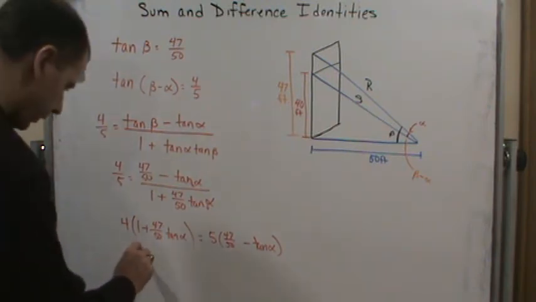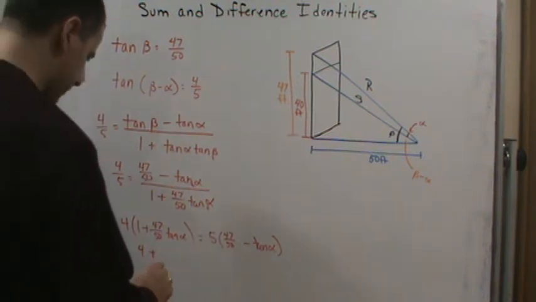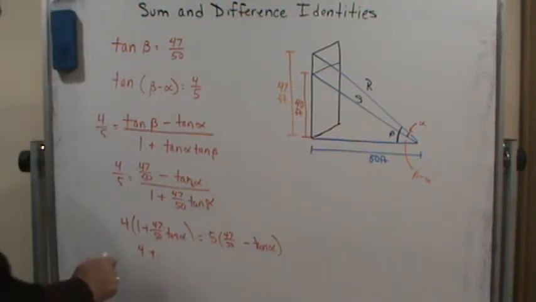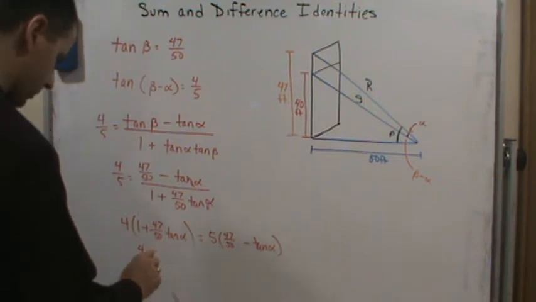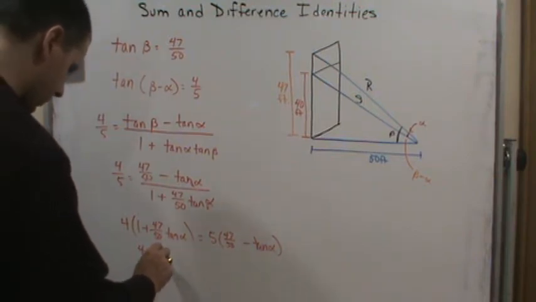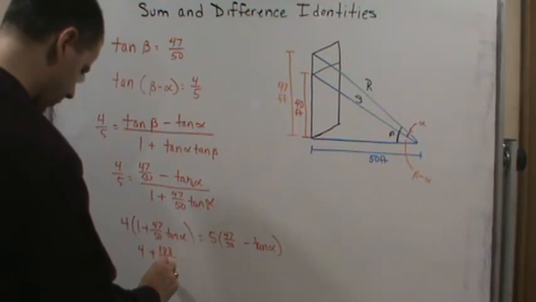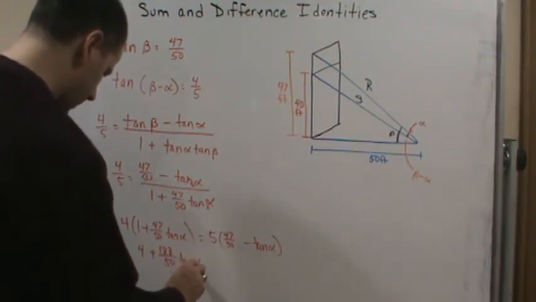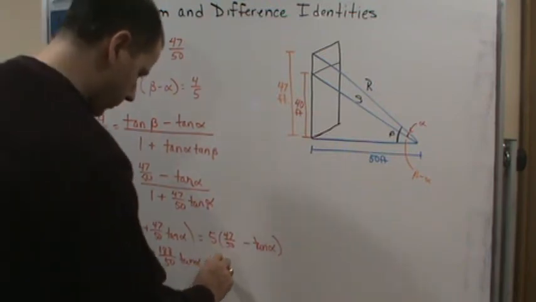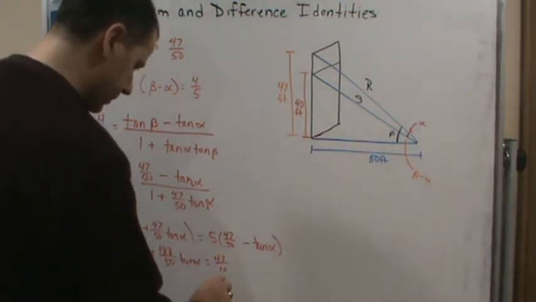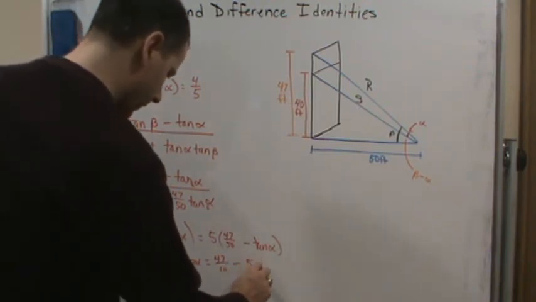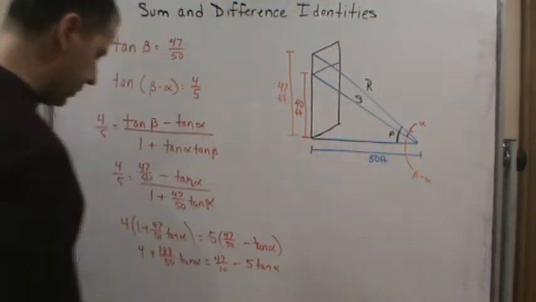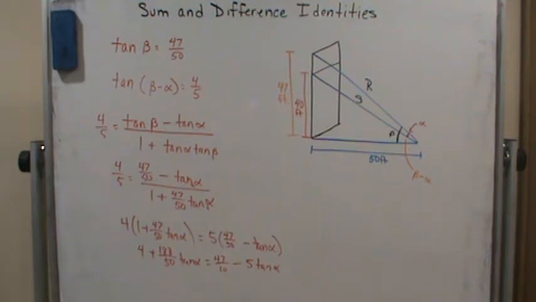Okay, so now I'm going to distribute, so I get 4 plus 188/50 tangent alpha, and this is going to give me 47/10 minus 5 tangent alpha. Okay, and now I'm just going to simplify this.